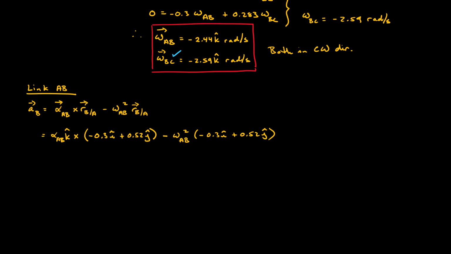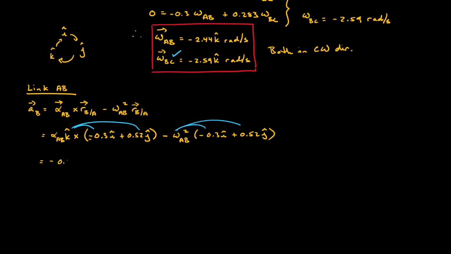Okay, so we need to carry out our cross product. Well, in the second bracket, it's just a straight up multiplication. So I'll draw this out again here. This is our positive direction. So we have k crossed with i, that'll give us a positive j, but then we have the negative over here. And we have k crossed with j, which will give us a negative i.